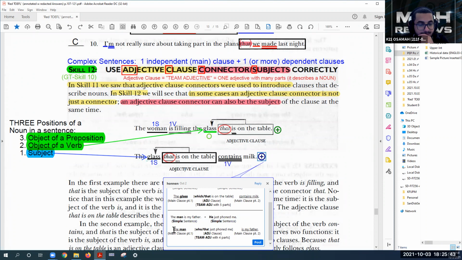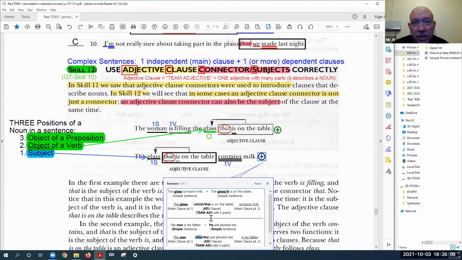Yes. So go ahead. Put them together. Make one sentence. The man who just found me is my father. Good. Where is the second subject? Who, or that. So the connector is also the subject.